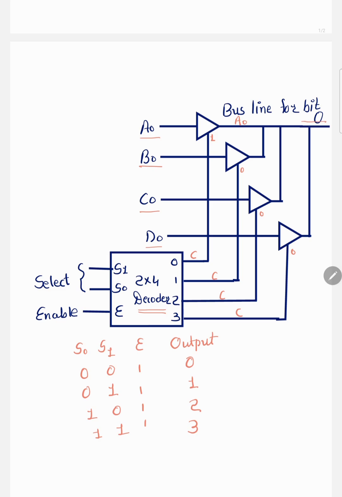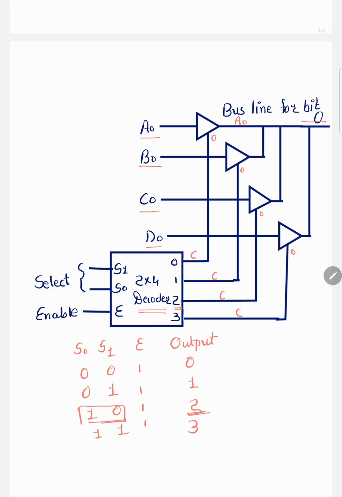In the same scenario, if I want to get the output of C0, I need to enable the second line. For enabling the second line, I need to give the selection line 1, 0. Then the second line will be on and the rest all will become 0.